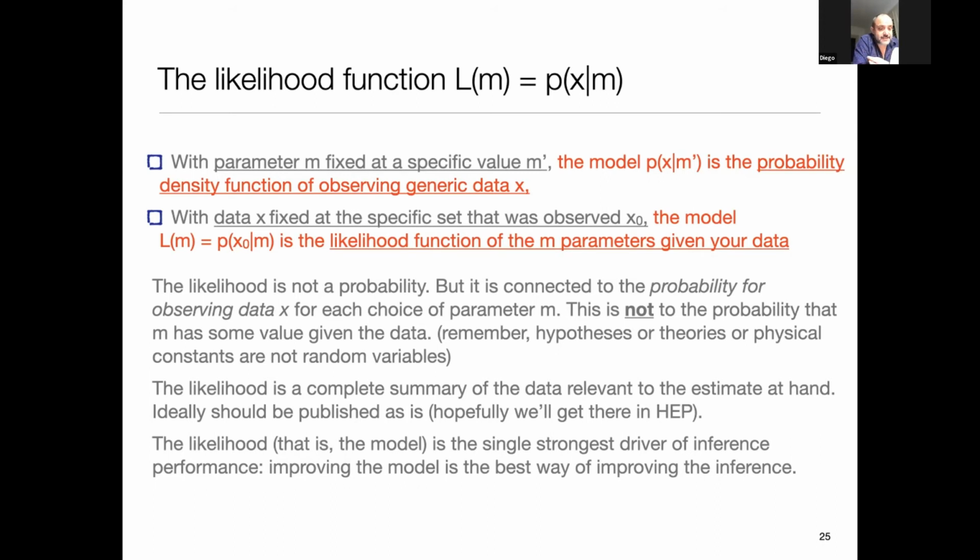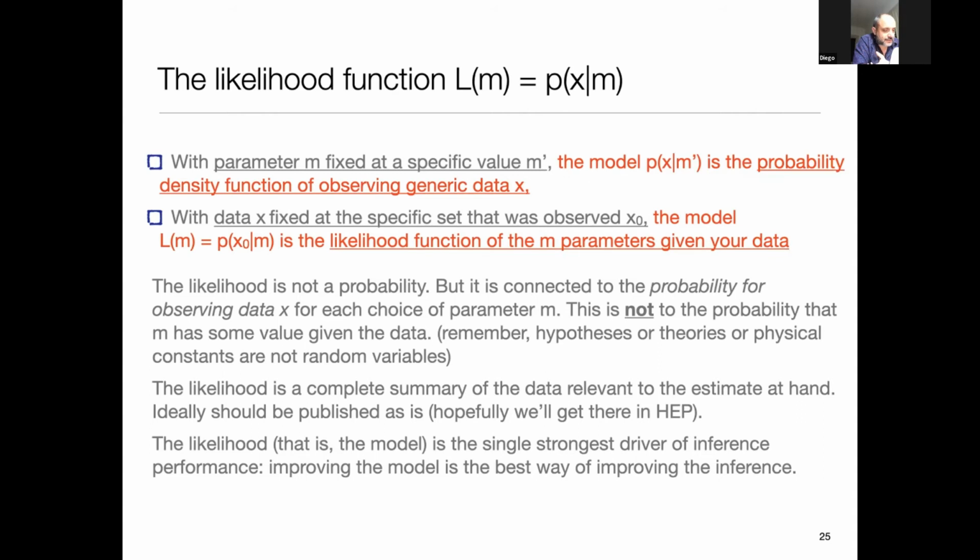So in this case, the model P of X given M is a function of the data, a function of X. But you can reverse this picture and take the data you observe as fixed, and you fix them at X0.